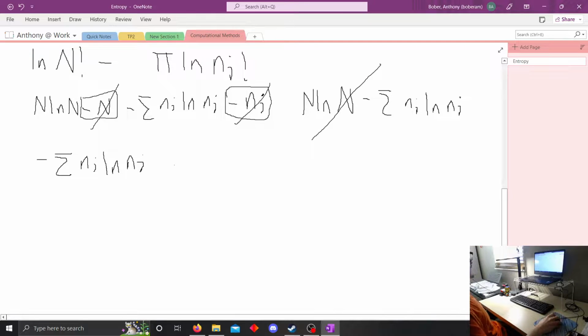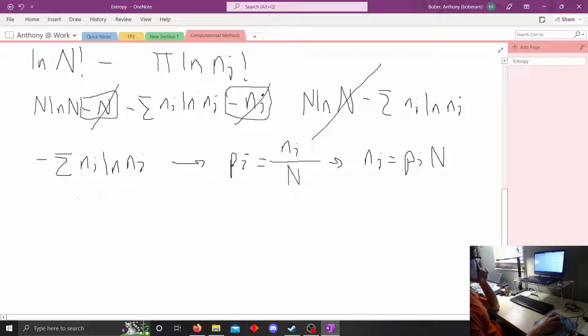We're going to go one step further. And here we're going to define the probability of getting a certain grade being equal to the number of students that have that grade divided by the total number of students, which is pretty self-explanatory. And then we're going to rewrite that as number of students per grade equals the probability of getting that grade times the total number of students.